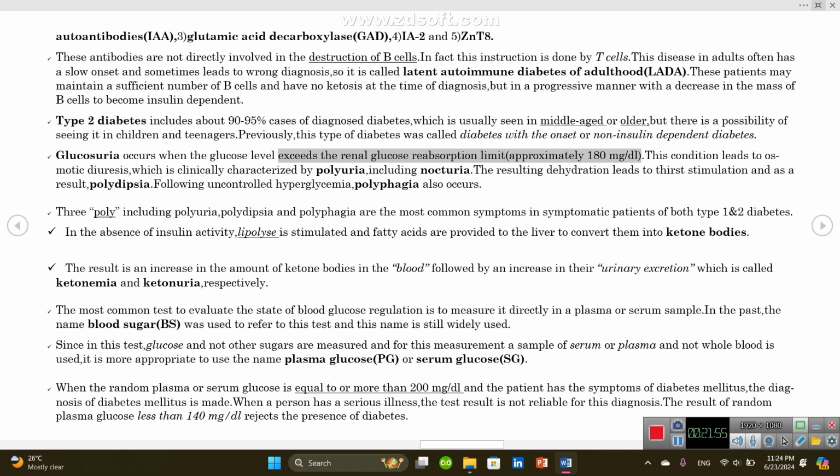I have to add a note: if you see any urea suffix connected to a word, like glucosuria, galactosuria, ketonuria, it relates to urine.